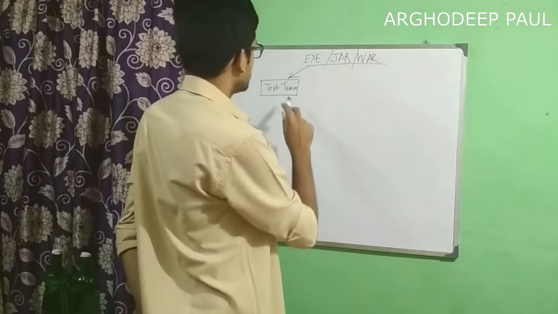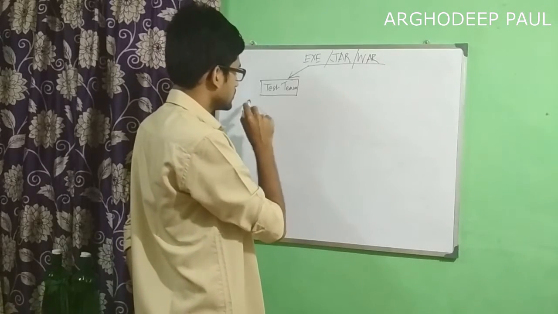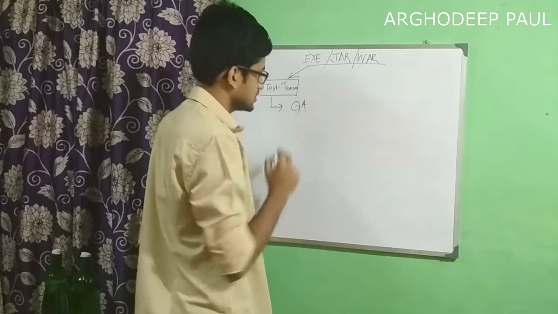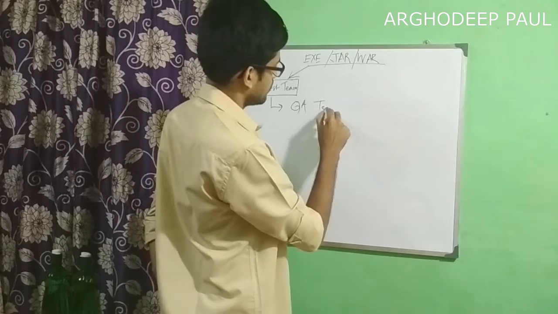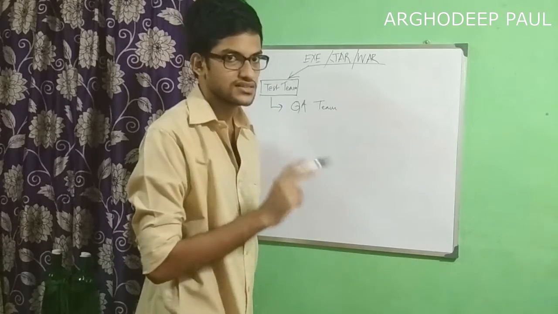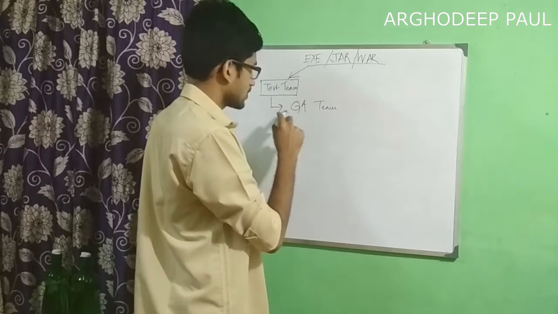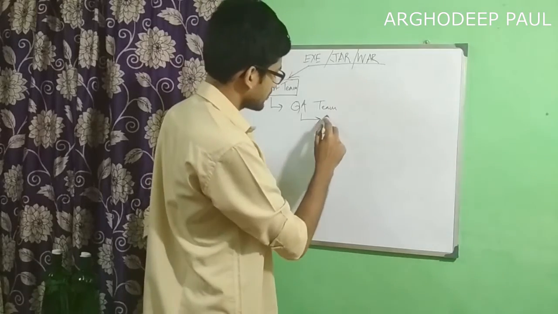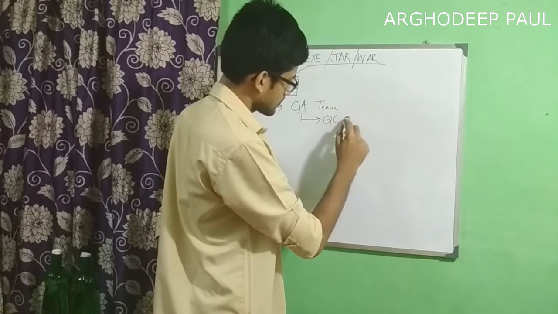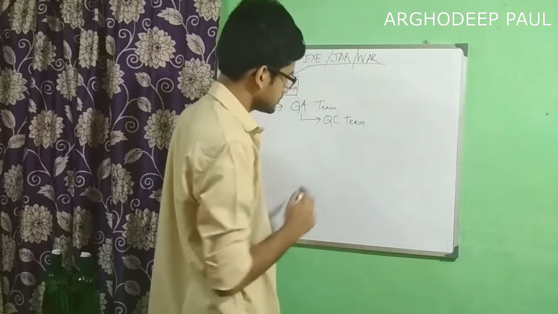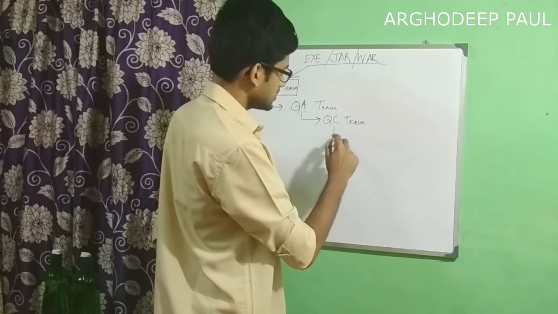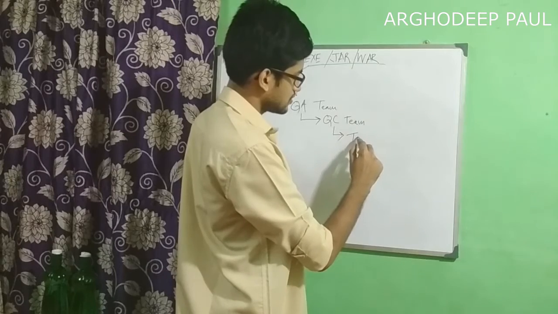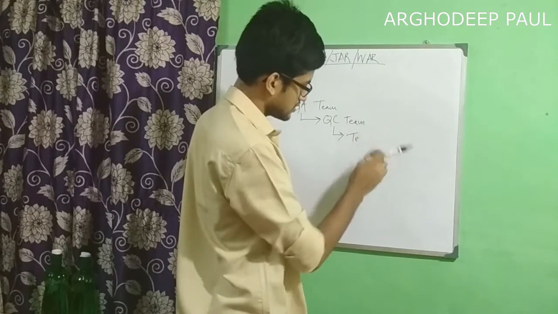Now the testing team will have a quality assurance team. The testing consists of the QA team, which further consists of the QC team, and finally the QC team will supervise the testers.